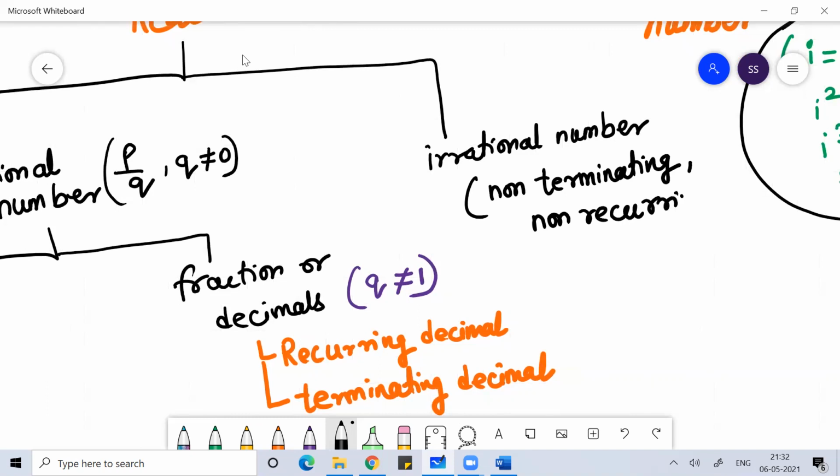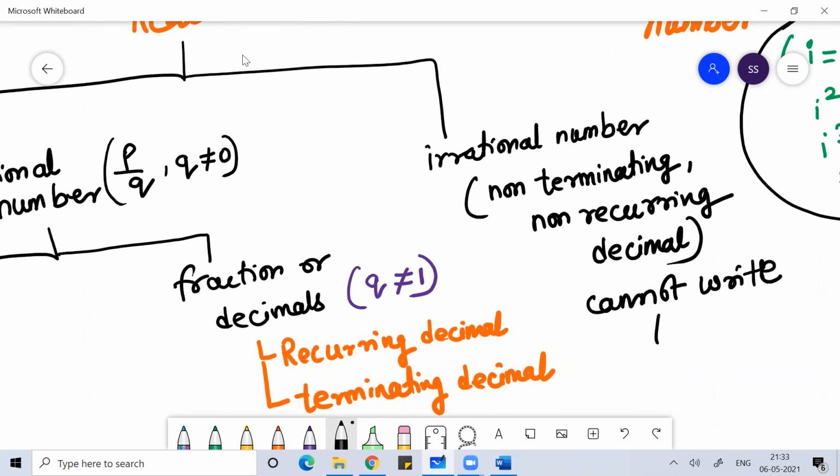We cannot write them in p by q form. Irrational numbers are those numbers which we cannot write in p by q form, so we call them irrational numbers.